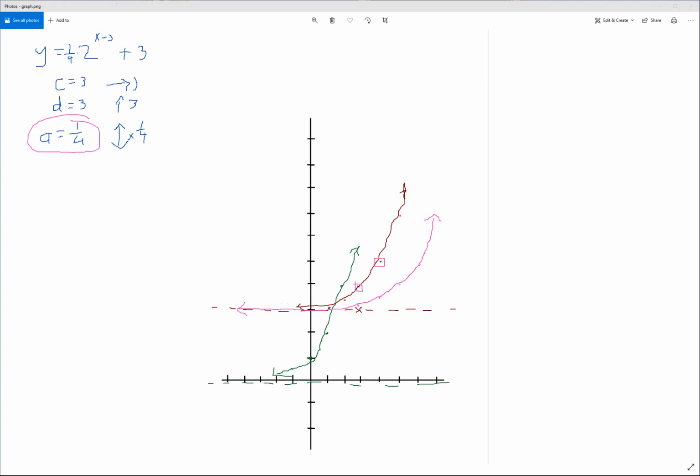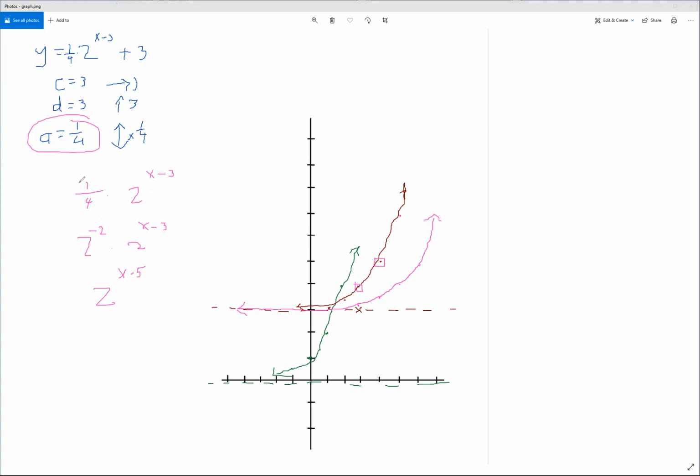Well, let's consider the math on this specific instance. 1/4 times 2 to the x minus 3 is the same thing as 2 to the -2 times 2 to the x minus 3. And if I were to use my exponent properties to put these things together, this would be equal to 2 to the x minus 5.